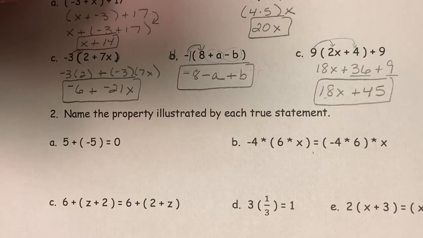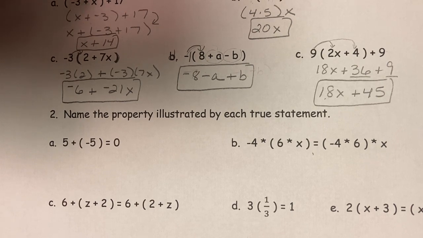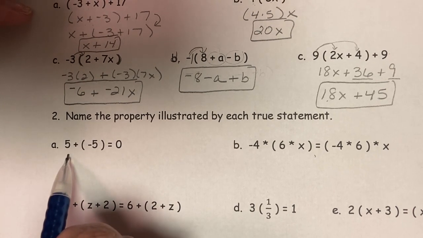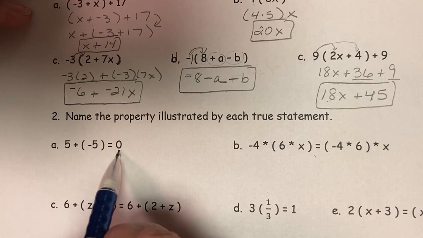Okay, name that property. You have to look at these problems and figure out what property from above, A through E, is being illustrated. If we look at 2A, it says that a number added to its opposite is equal to 0.